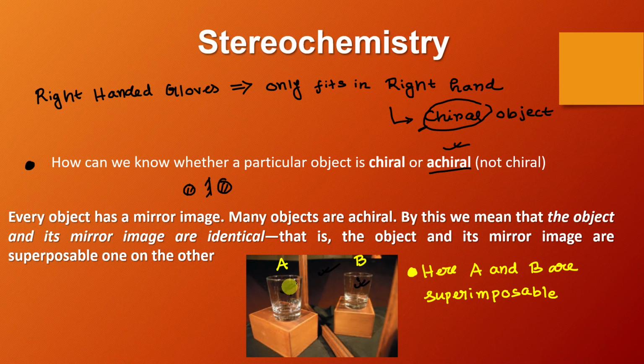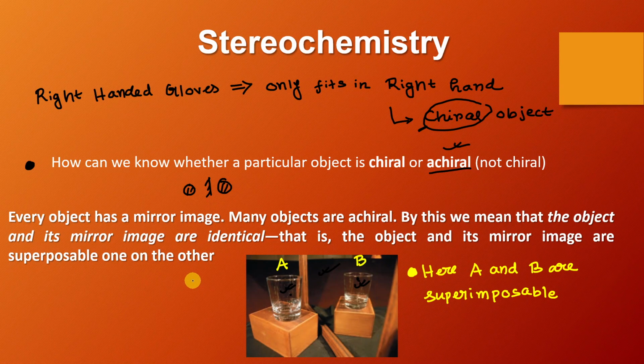So this object is totally superimposable on object B. That's why you can say that object A and its mirror image B are exactly the same, or superimposable. These types of objects are called achiral objects.